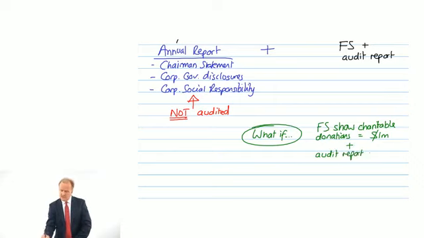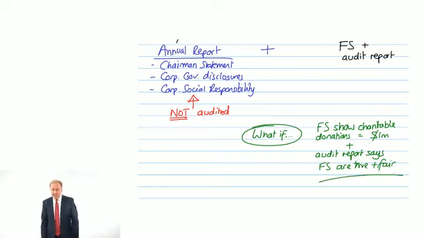And the audit report says the financial statements are true and fair. So we've done our audit work, and yes, we agree that they've donated $1 million to charity during the year.